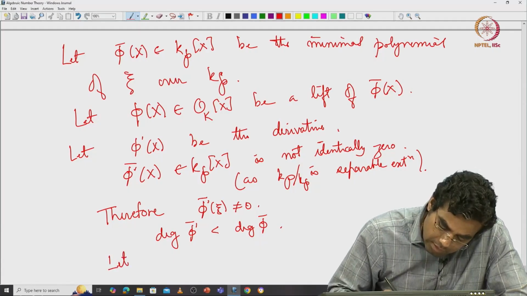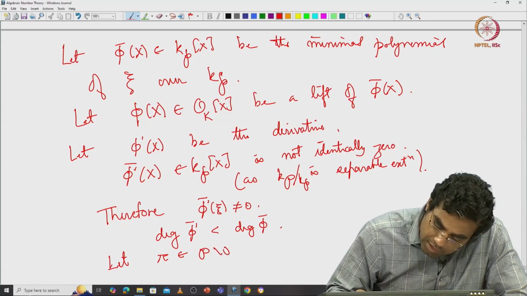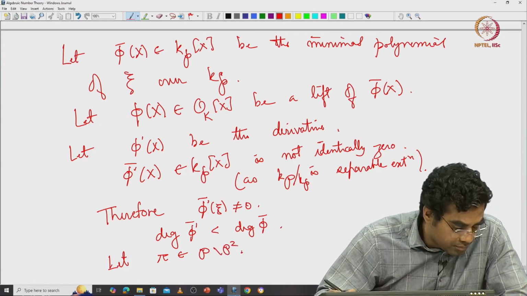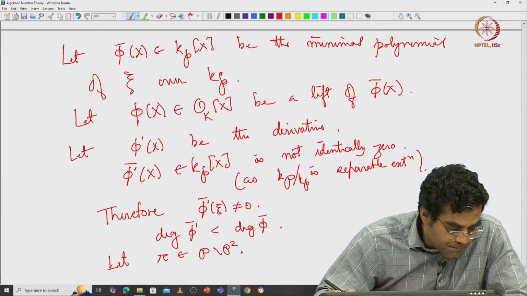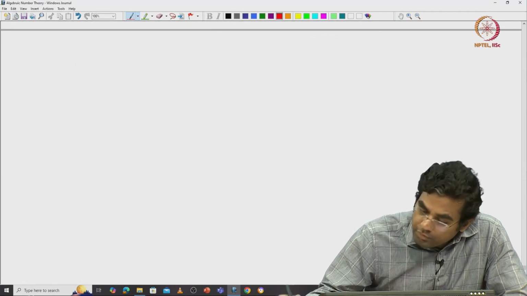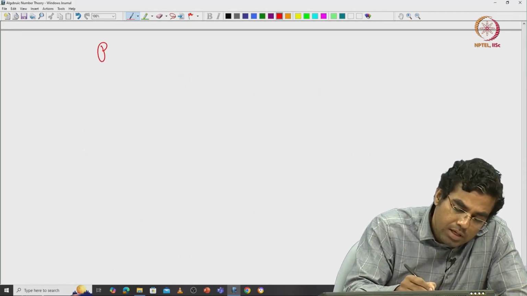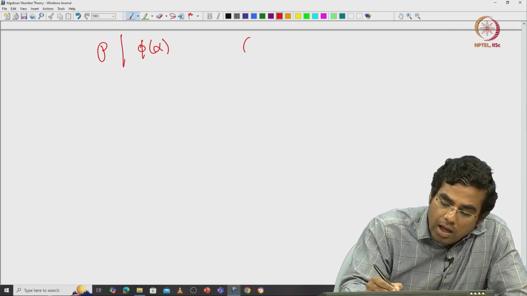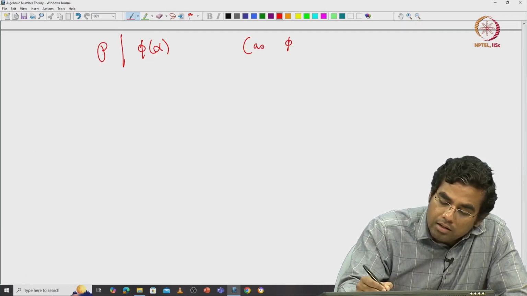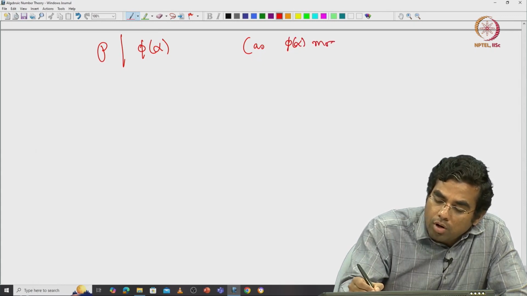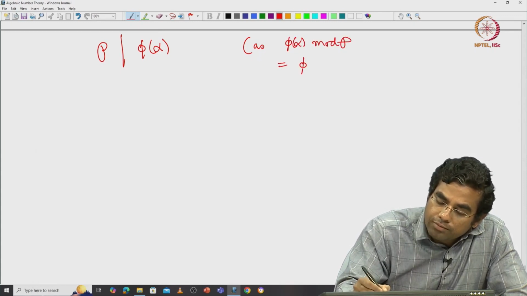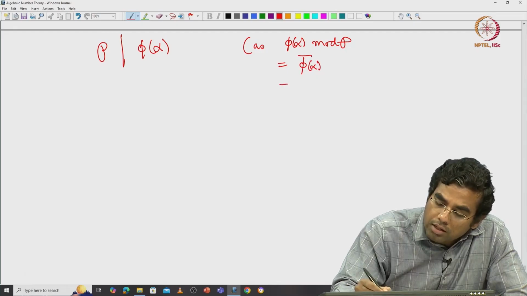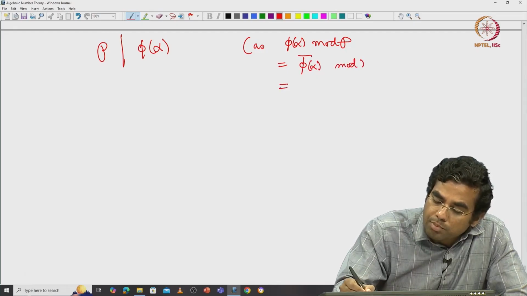So, let pi be an element in p minus p squared. Okay. So, we have two facts. We have that p divides phi of alpha, as phi of alpha mod p is equal to phi bar of alpha bar, which is again everything mod p.